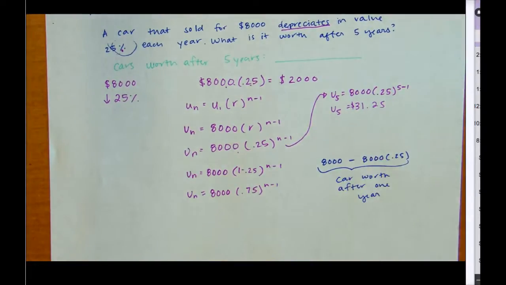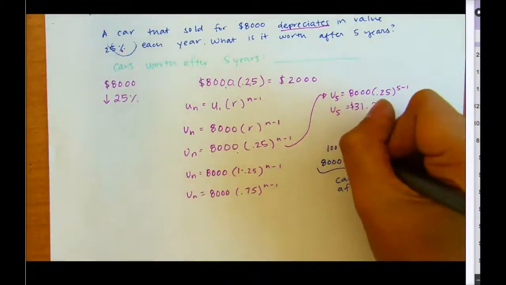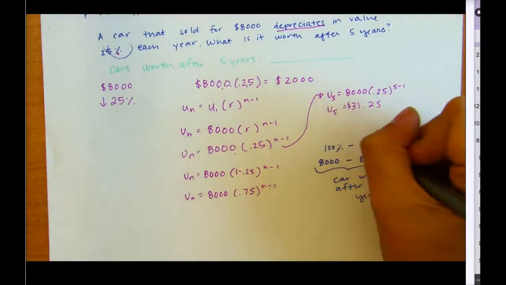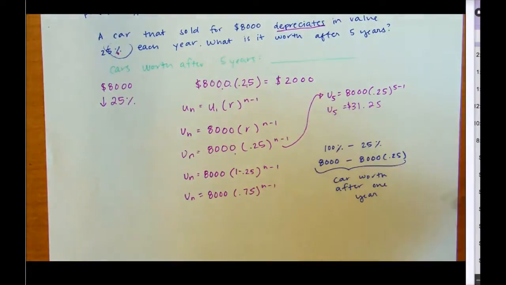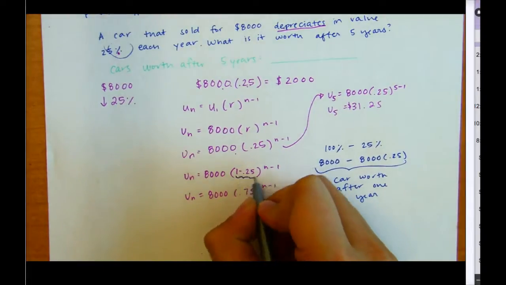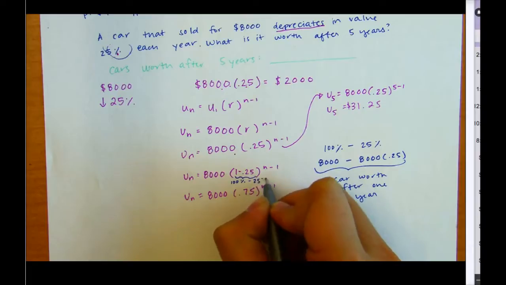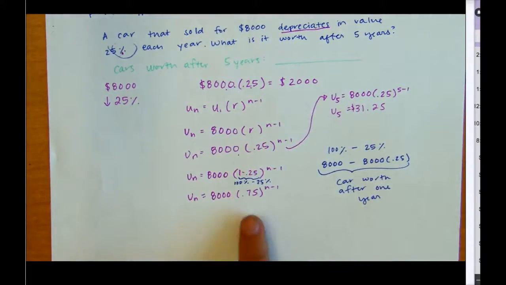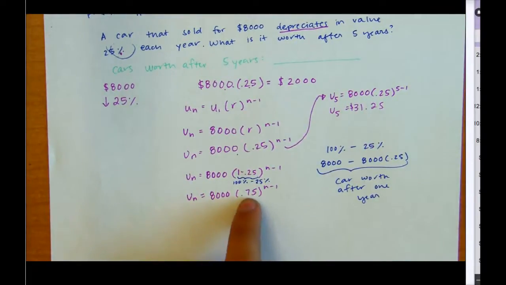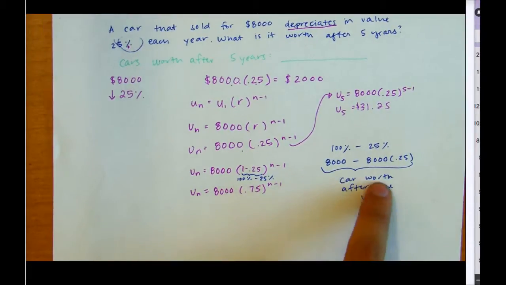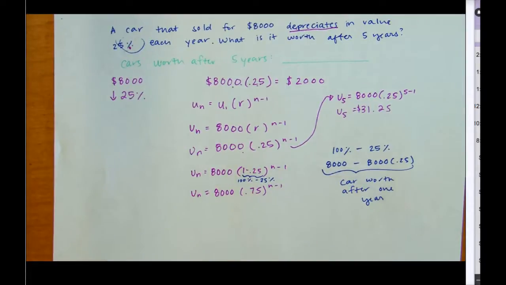So really I'm taking 100% of my car's value and subtracting 25%. So this is really 100% minus 25%, which gives me 75%. That accounts for the fact that I'm subtracting 25% from the initial value.